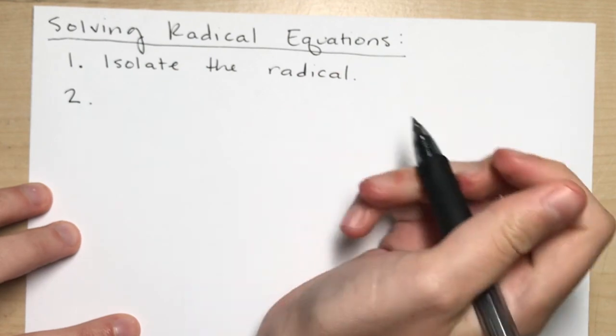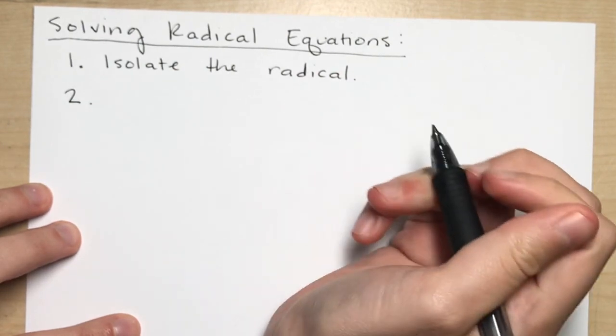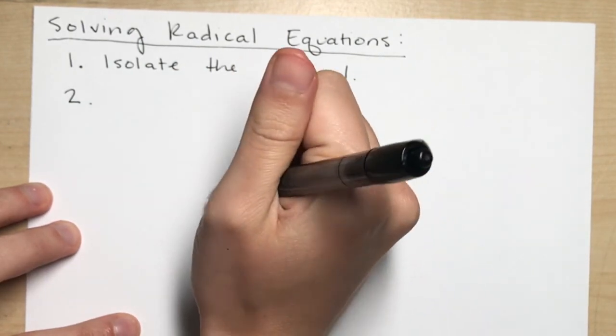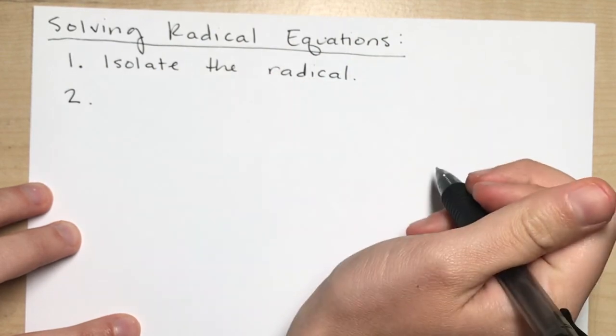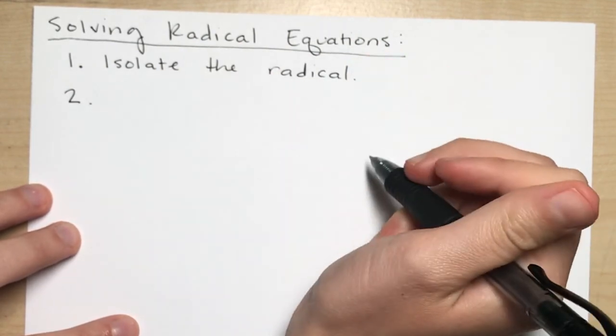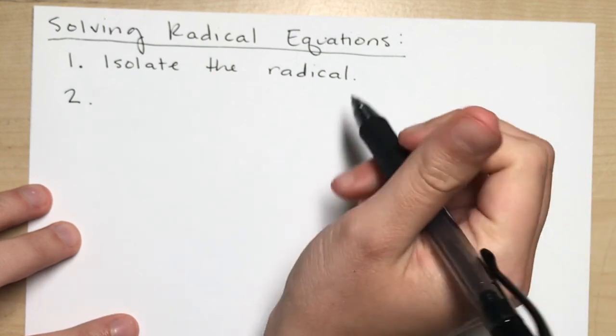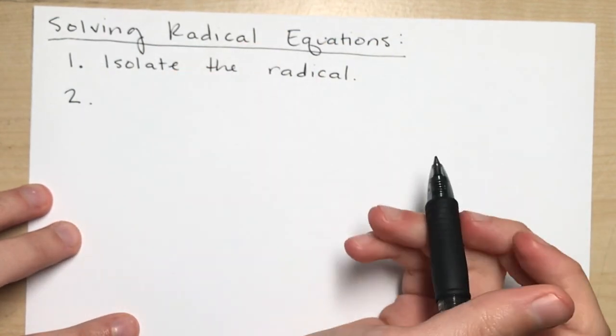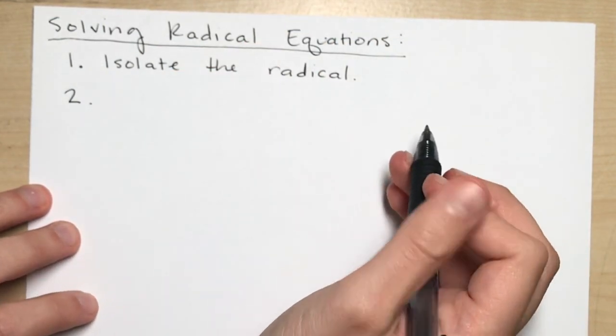Then we change it in some way to get rid of it, right? If we start with a logarithm, we change it to exponential. If we start with an exponential, we change it to log. If we start with absolute value, we split it up. Here, how can we get rid of a radical?